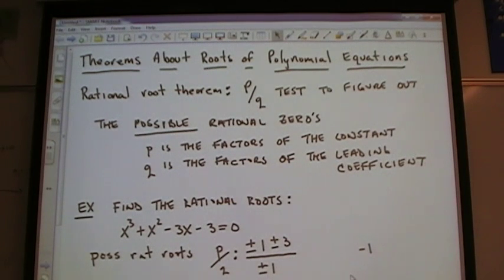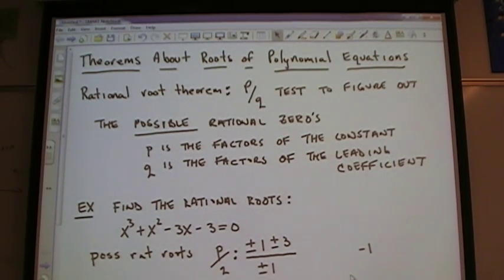All right, for some reason it's not working up here, so I'll talk you through it. Go to y equals. Type that in, x cubed plus x squared minus 3x minus 3.